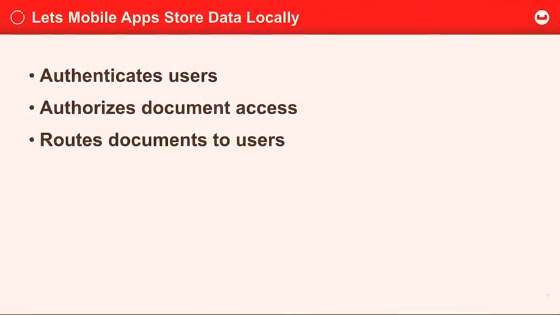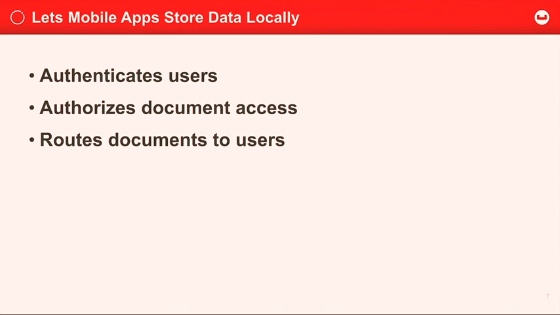So Sync Gateway and Couchbase Lite allow mobile apps to store data locally. But to do this, if you've got a large number of documents in your Couchbase server, you want to control which documents are actually going to be available to those users on the mobile device. So Sync Gateway has to authenticate the users that are connecting to it so that it knows who they are.